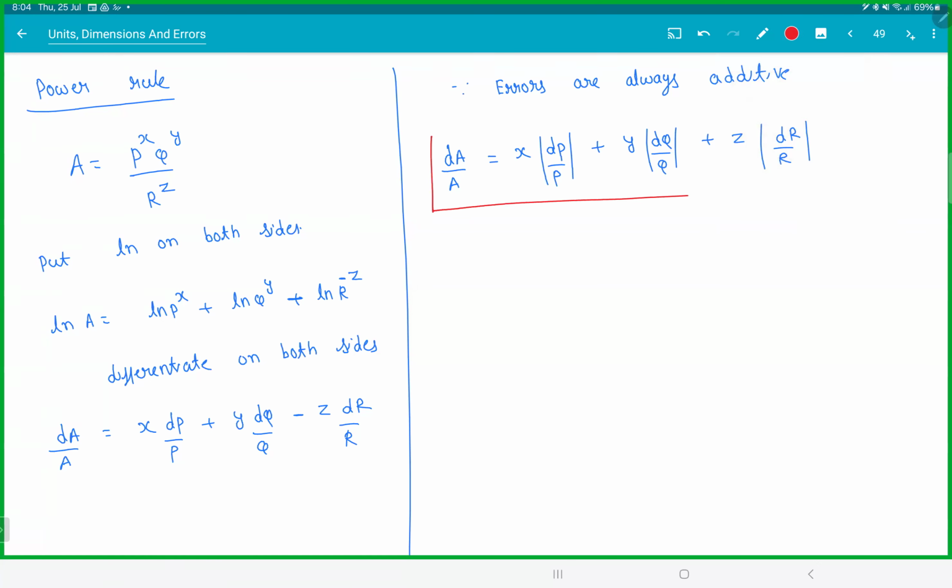This is the formula for errors. But there is a catch with this. This is useful only when the error is small. Preferably 5%. But technically, the smaller the better.